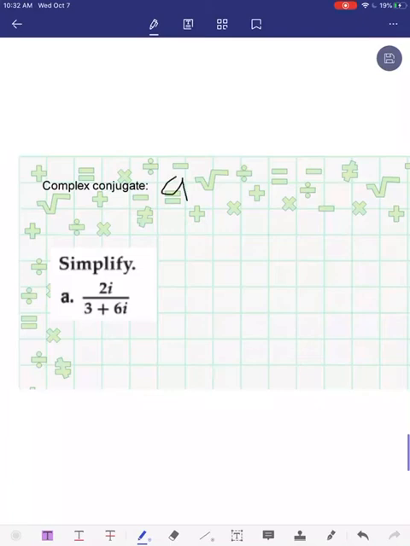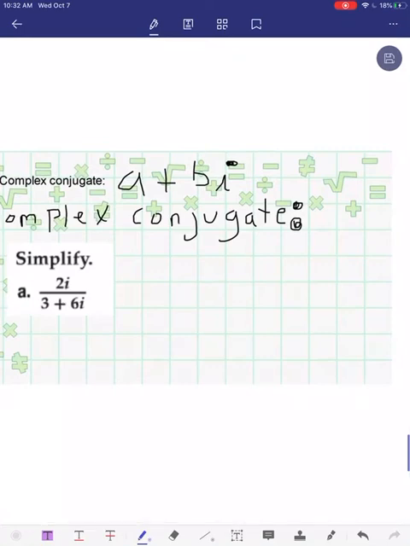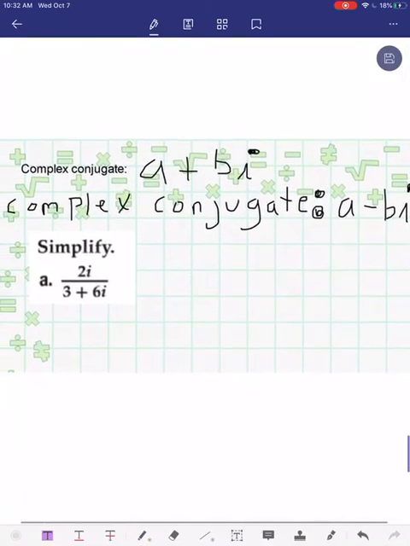So if I have a number that looks like a plus bi, the complex conjugate would be a minus bi. So basically all we're doing is we're flipping that middle sign. And that's what we're going to need to multiply both the top and the bottom by.